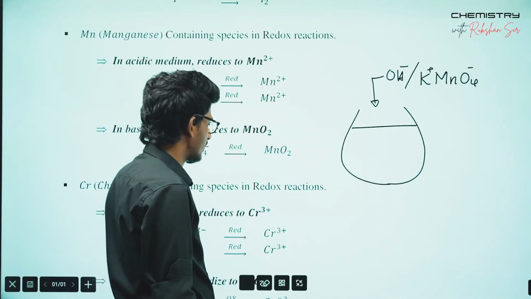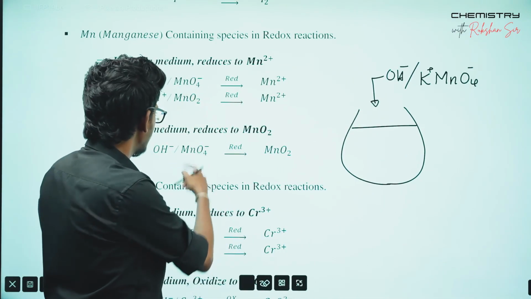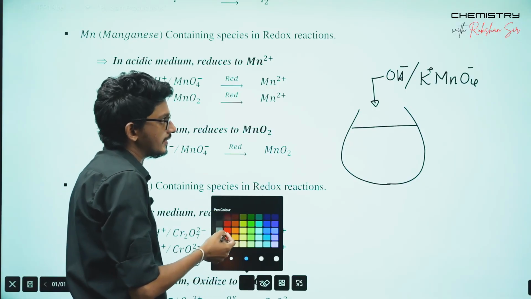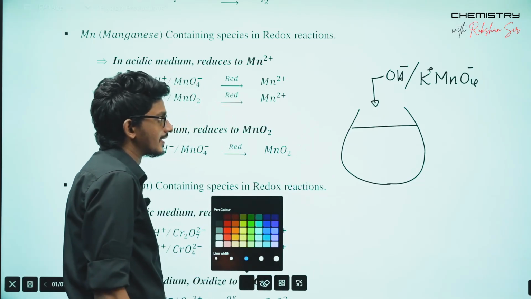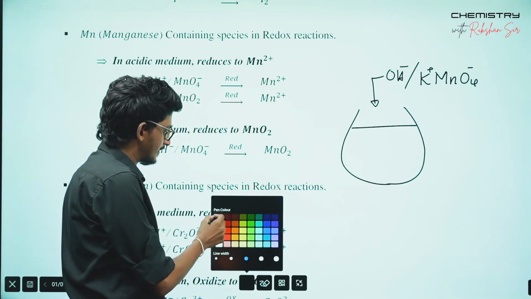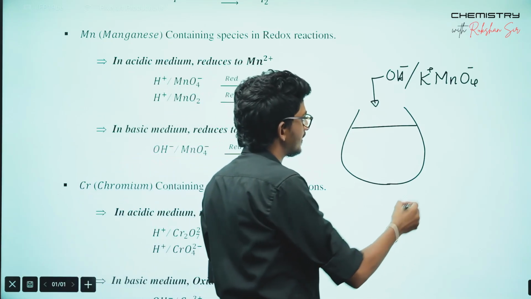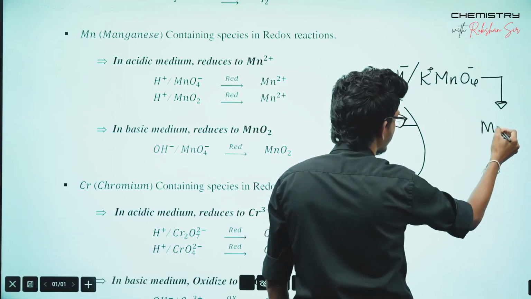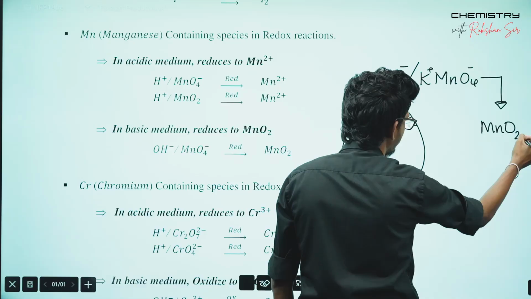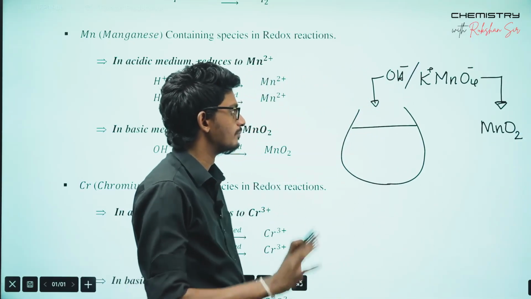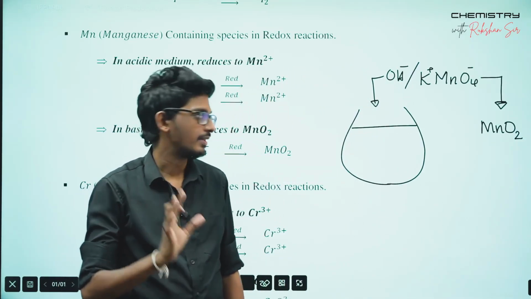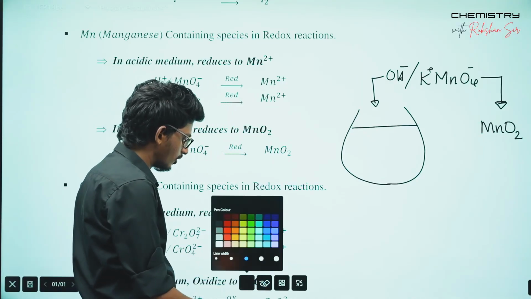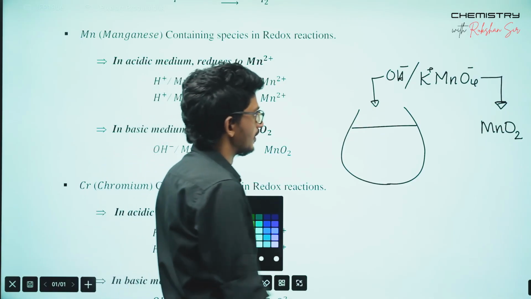According to this theory, if in basic medium KMnO4 is undergoing a reaction, it will always reduce to MnO2. KMnO4 in basic medium always reduces to MnO2 if a reaction is occurring, and you know that K+ is not going to react.